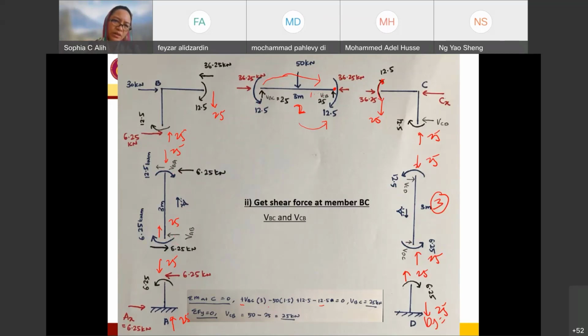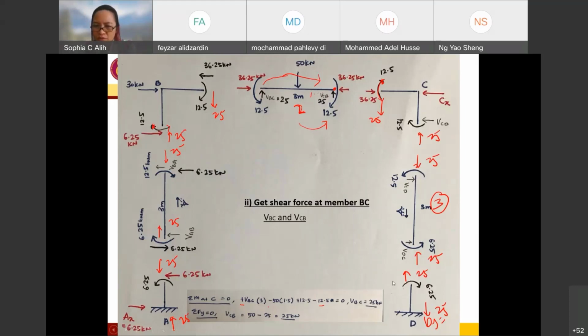This one is clockwise direction. You mean this one? Yes, this one. So this one is counterclockwise. Sorry. So in order to balance all the moments, it has to be all in the opposite direction. First, you determine the member, then from that member, you go to the other end with all in the opposite direction.